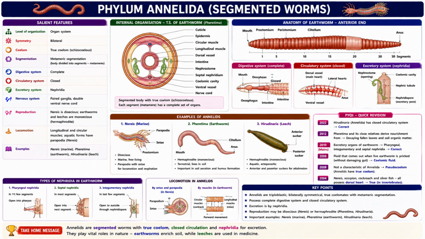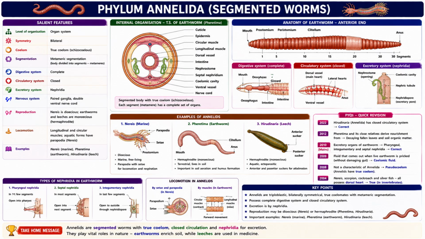Phylum Annelida, segmented worms. Organ system level of organization is seen in the phylum Annelida. Bilateral symmetry is seen. True coelom or schizocoelous coelom is seen. Metameric segmentation, that is body divided into segments, metamerism is seen. Complete digestive system, closed circulatory system, nephridia are part of the excretory system.